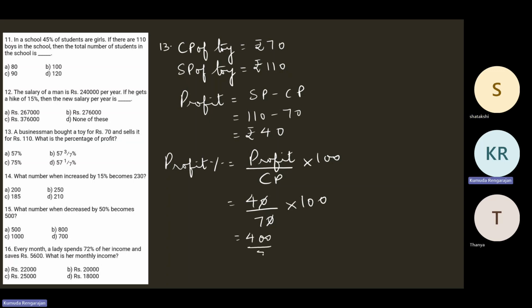That's 400 by 7. 7 5s are 35, 5 remains, 7 7s are 49, 1 by 7. So you purchase something for 70 rupees and sell it for 110. So definitely it's a profit of 40 rupees. So the profit is SP minus CP. And then to find the profit percentage, the formula is profit by CP into 100.